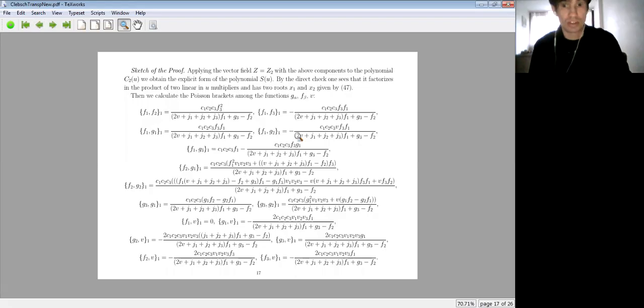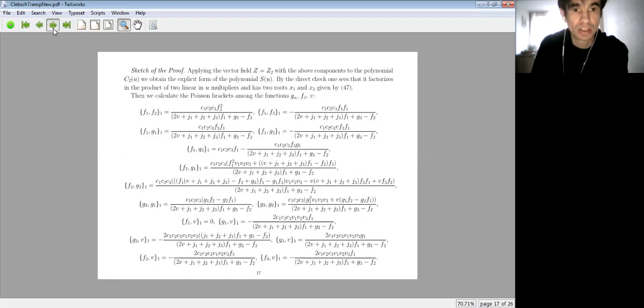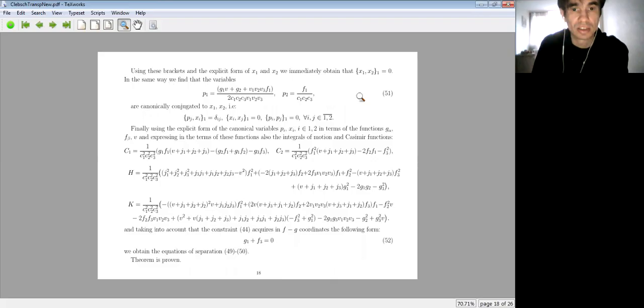in the formula 47. Then we calculate the Poisson brackets among the new functions g alpha, f beta, and v. It is not very simple, but still manageable expressions. We substitute, and we check that these momenta are indeed canonically conjugated to the above x1, x2.